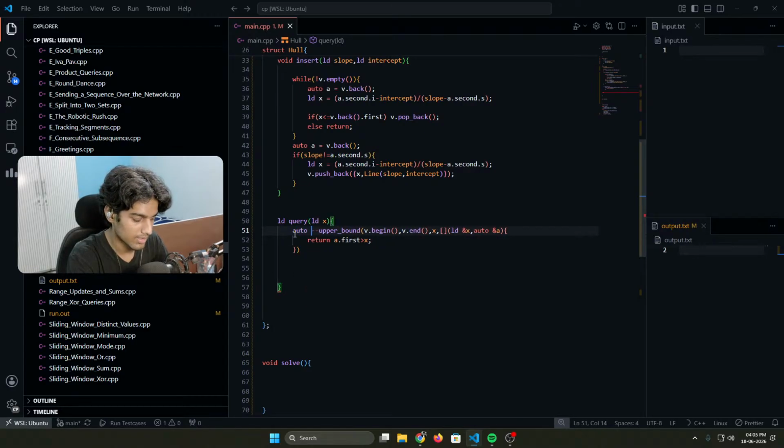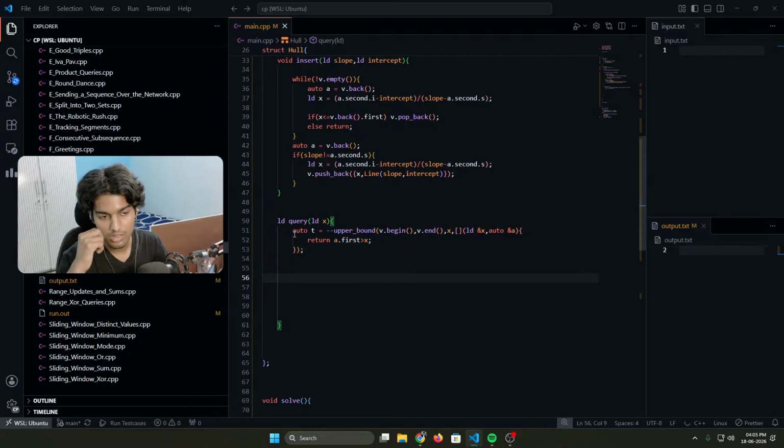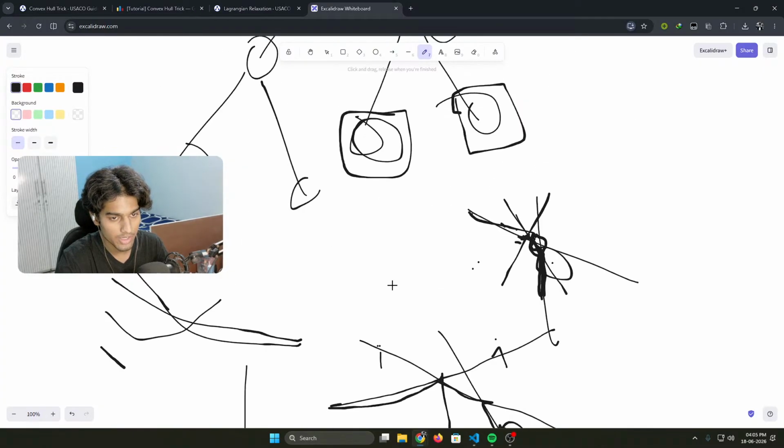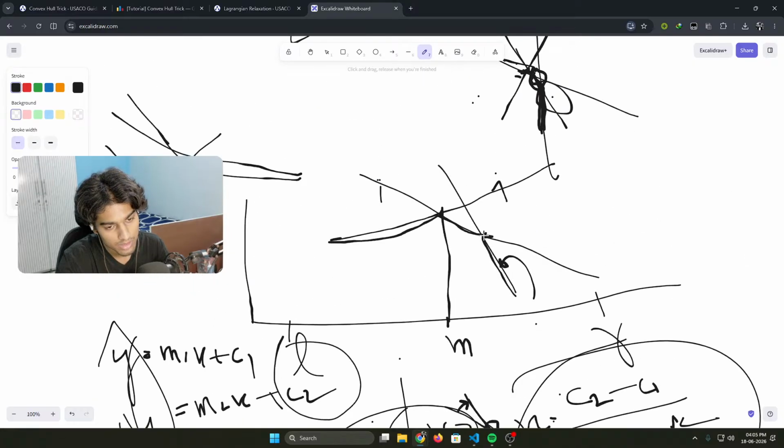Let's take it as okay. So we have a particular value. We have x. What if it's equal? Well, if it's equal, then both work, right?